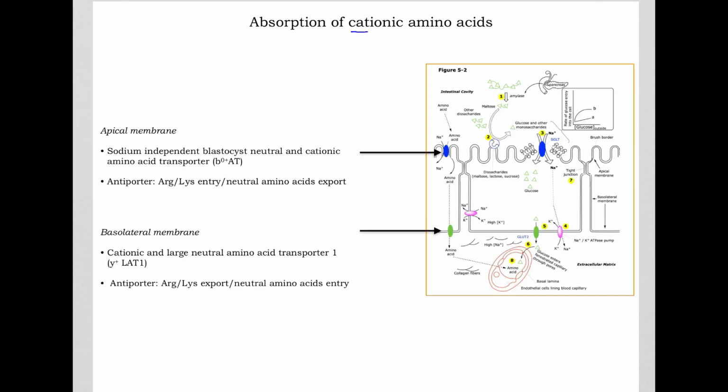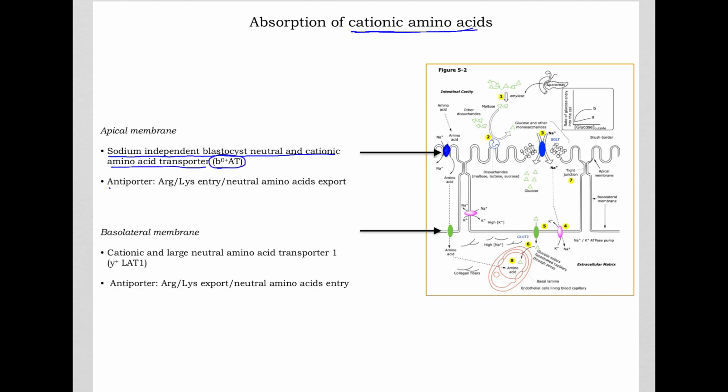Now the cationic amino acids, or the basic amino acids, on the apical membrane we have these transport proteins called sodium independent blastocyst neutral and cationic amino acid transporter, B0 plus AT.